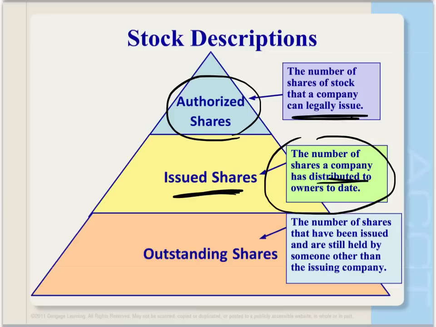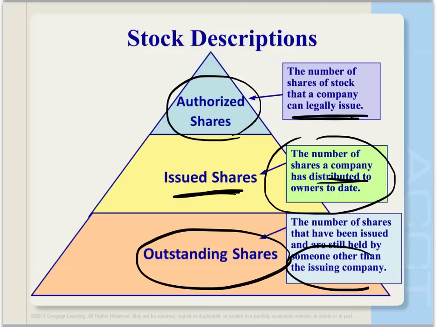And last, we have outstanding shares, which are the number of shares that have been issued and are still held by someone other than the issuing company. So we have authorized, we then have issued, and then these are outstanding.